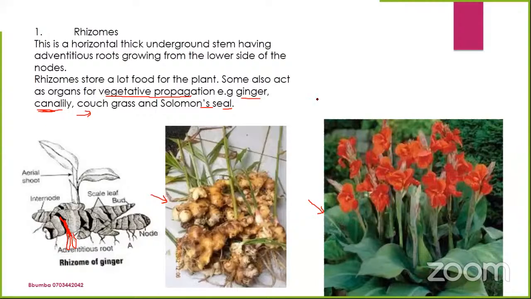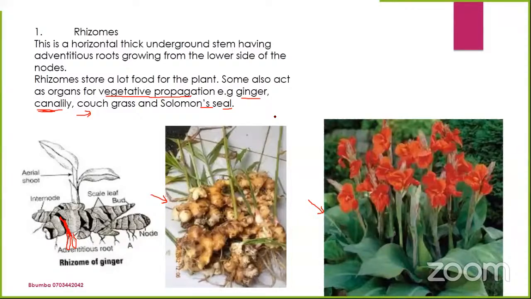Let me check out. Nansubuga Agatha says, do rhizomes undergo sexual or asexual reproduction? It is asexual. Maybe you may not know the difference between sexual and asexual. That topic is under reproduction, but some people cover it earlier.